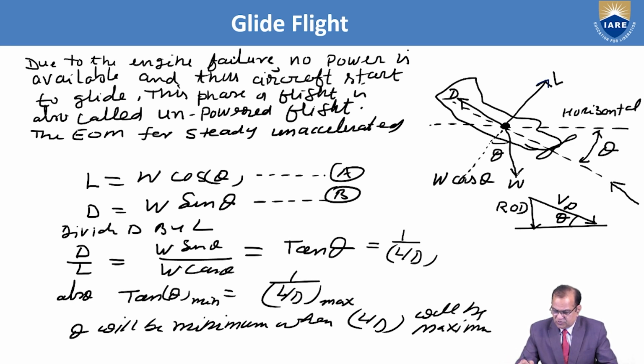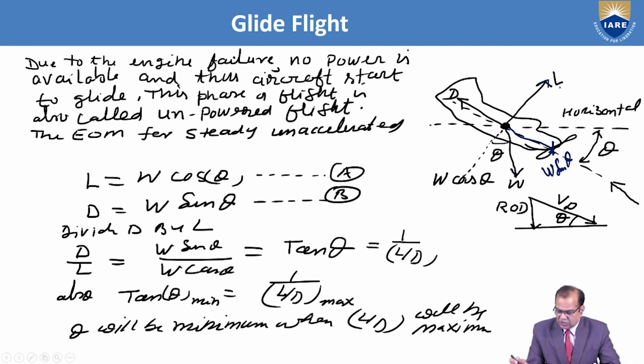So lift will counter the W cos theta, where theta is the descent angle. And this other component of W is W sin theta. So W sin theta will counter the drag and W cos theta will be countered by the lift.